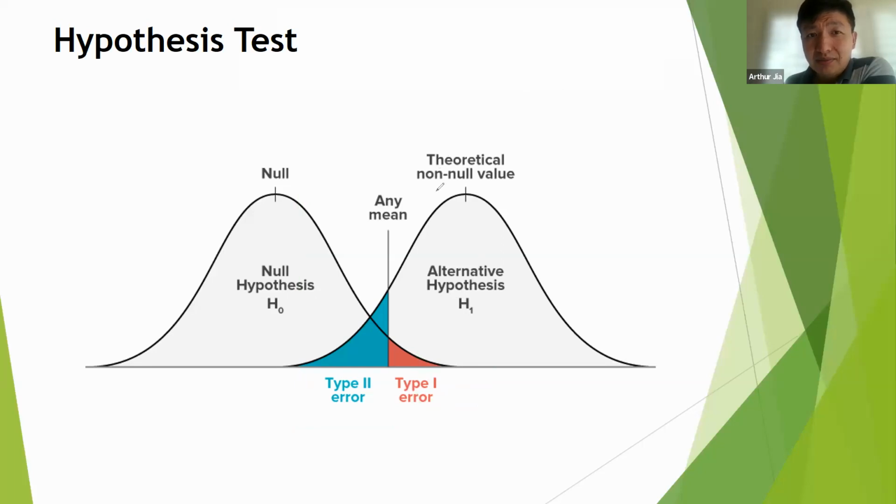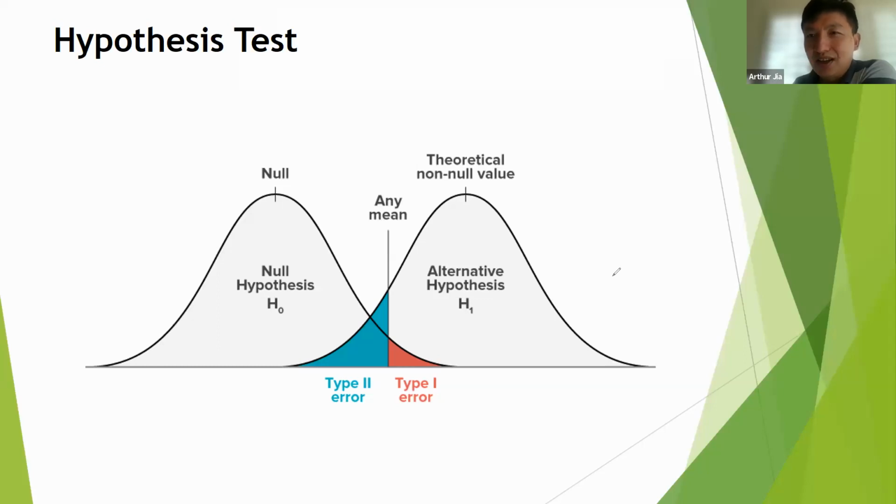Since we do the hypothesis testing, and we either accept or reject the null hypothesis, we're going to introduce two concepts here. One is a type 1 error, the other one is type 2 error. All right, so how do we understand the type 1 error and type 2 error? Because when we do a hypothesis testing, we must give the test a criteria, right?